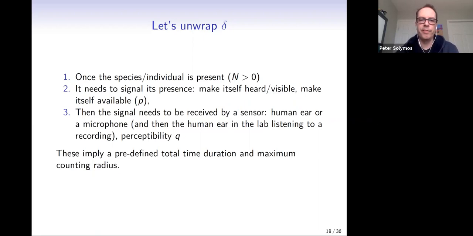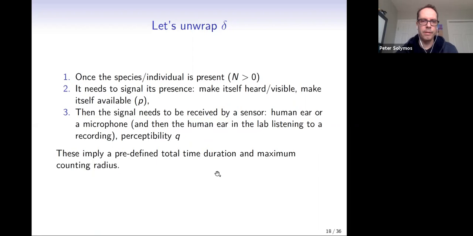They make themselves available for us to sample. And then once this signal is given, then that needs to be received by a sensor, which can be a microphone or our ears or eyes. And these are the two quantities we are going to call P and Q.